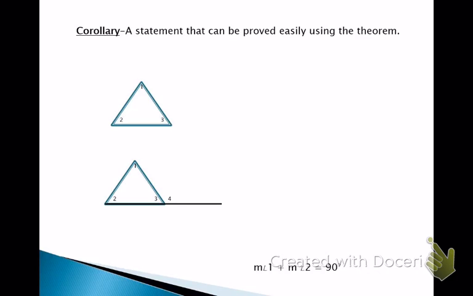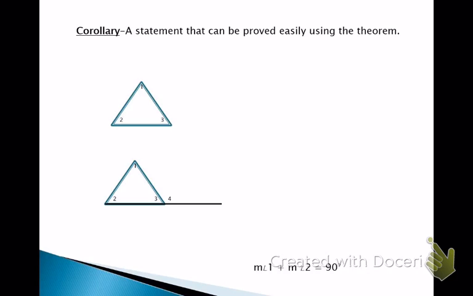Corollaries are kind of like amendments to theorems. They're extensions to theorems. And so what we mean by that is corollaries are sort of tied to a theorem. They just extend the theorem to a special or specific situation. And you should be able to use that theorem to prove the corollary.